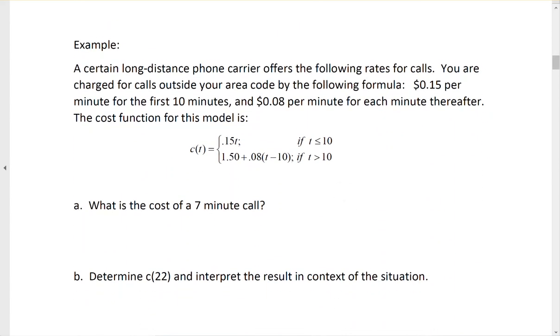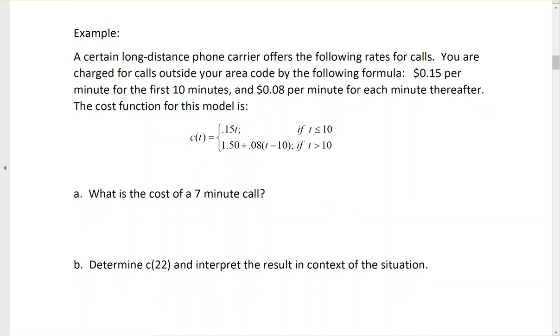So using an example of a phone carrier, they have 2 different rates for calls. If your time is less than or equal to 10 minutes, you will be charged this rate. And if it's greater than 10, you're going to be charged using this formula. So the question is, what's the cost of a 7-minute call? So T is 7.